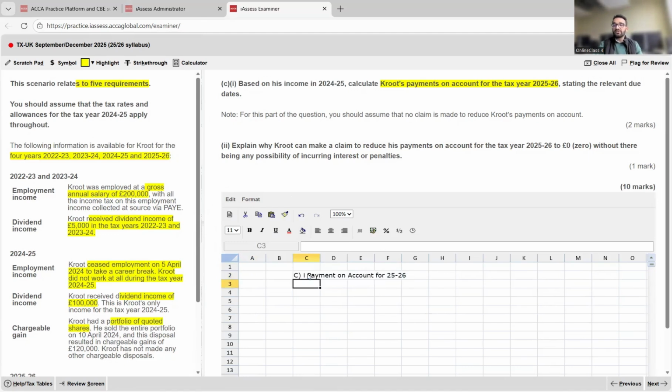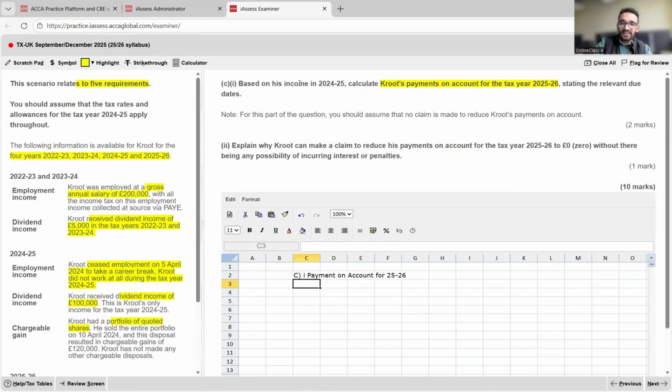Remember what the rules are. Whenever you are making a payment on account for 25-26, it should be calculated on the previous year's income tax liability, the previous year's relevant amount. So they have already given that we are paying payment on account for 25-26, but the amount will be based on the 24-25 liabilities.